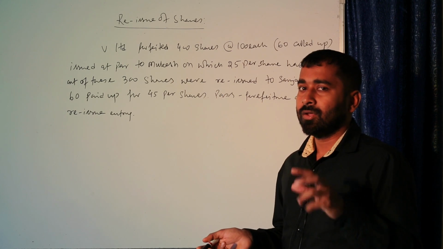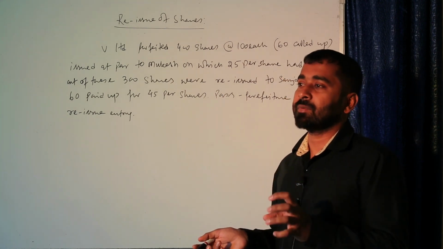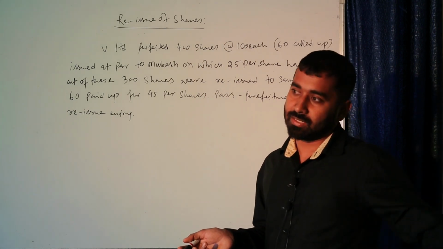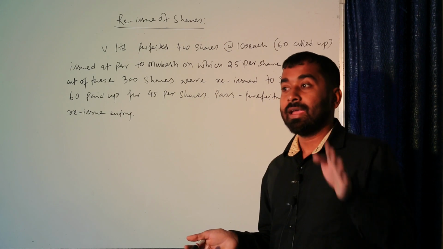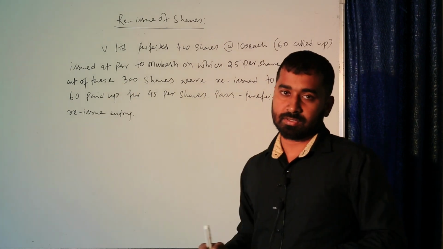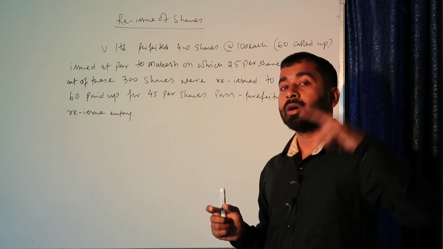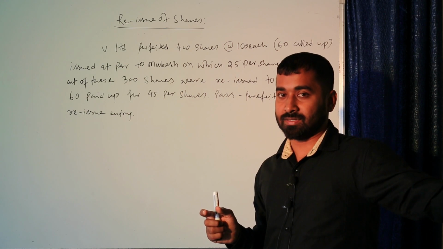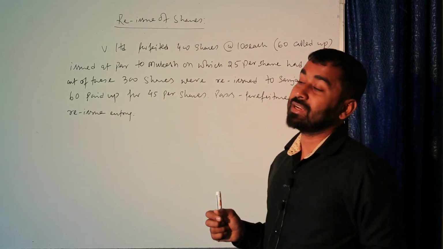When the forfeiture has been done, the company had received some money from the first person. That person's shares are already forfeited, already cancelled. Again the company is going to issue those same shares to another person. Whatever excess money the company has out of what the earlier person paid should go to capital reserve.